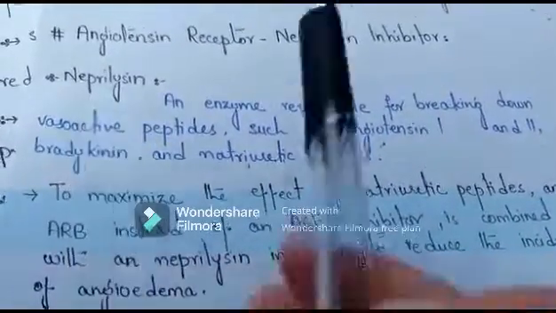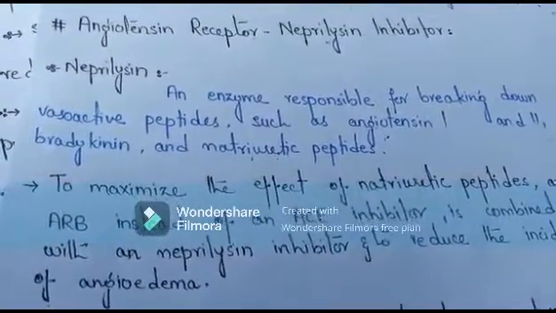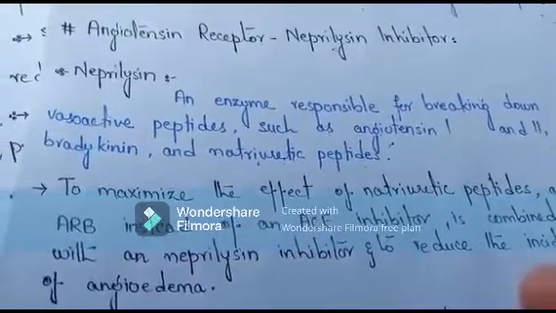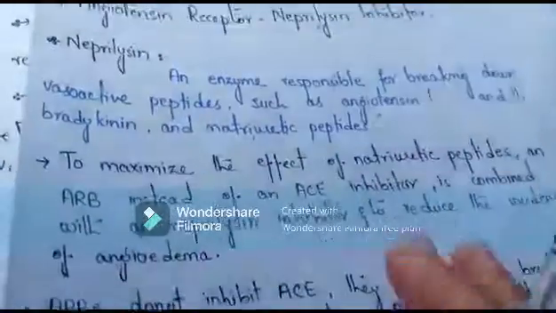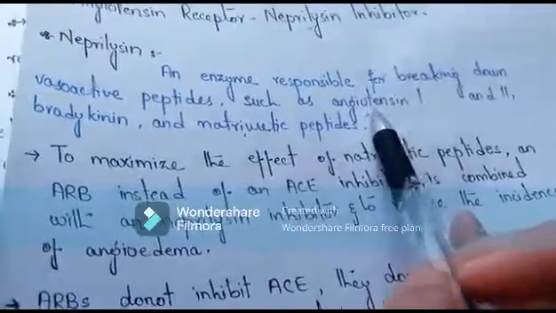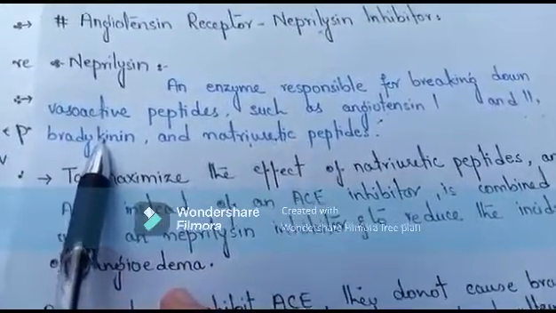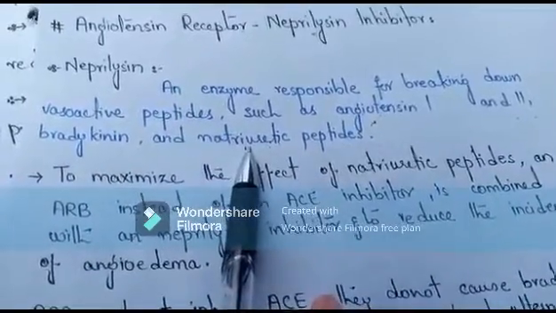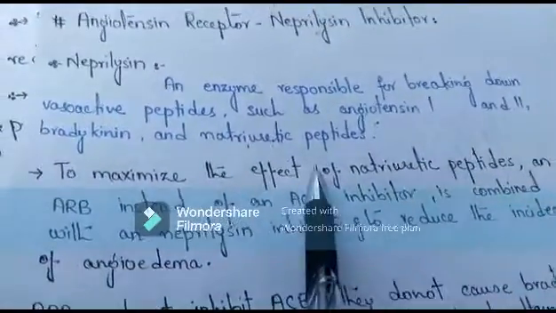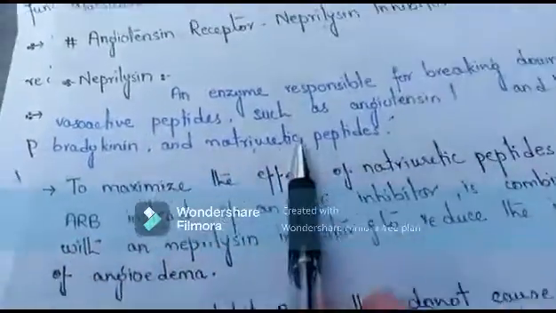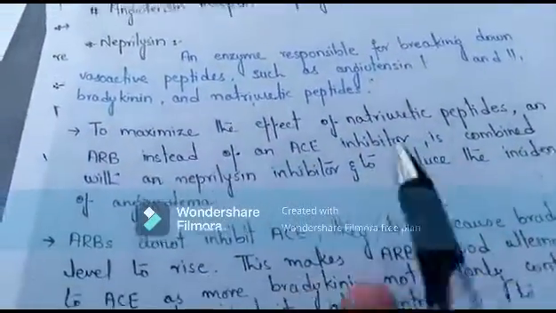Once again I will repeat, neprilysin inhibitor and ARBs we are going to give to the patient. The ARBs will inhibit angiotensin 1, 2, the ACE will break down the bradykinin. There will be natriuretic peptides for treatment of heart failure, and thus short explained.